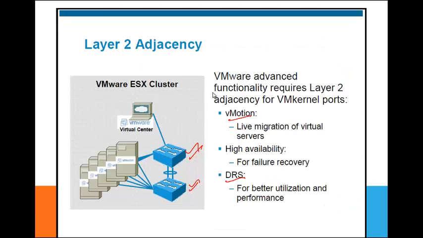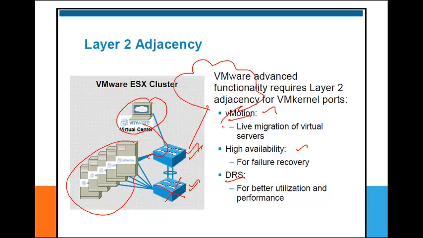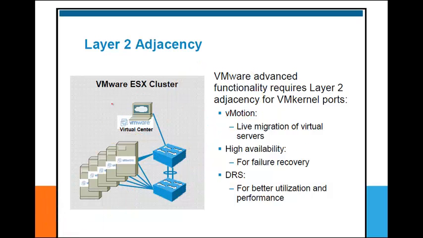Now, when I need vMotion, or if I want high availability, meaning if one switch goes down, I want all these VMs to be active through this switch. Now this is the vCenter which controls and manages all this. It's a VMware machine which manages all this.